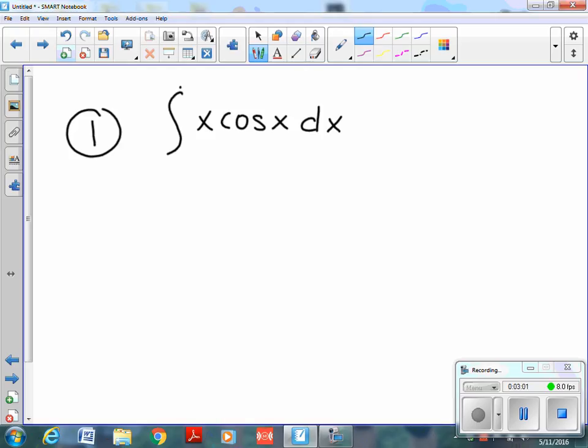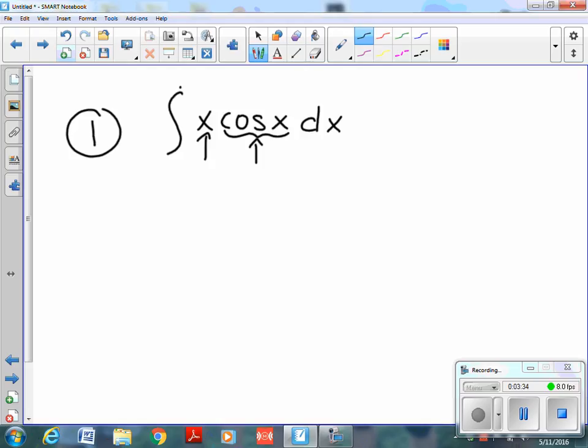There are no limits right now. I can do one at the end that has limits, but most of these you will not have limits. Do you notice that there's an x and a cosine of x? There are two different functions.